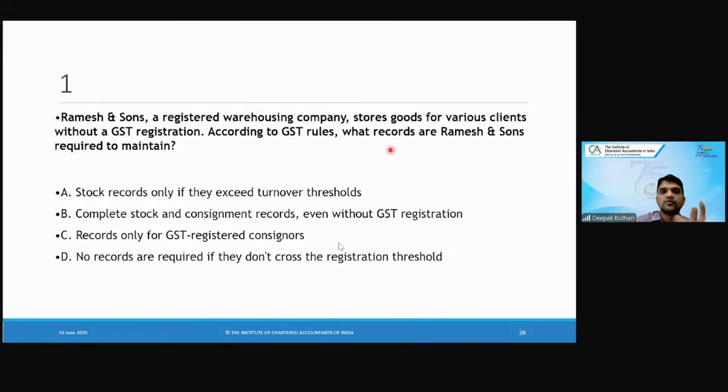So the minimum period which you have to maintain is 72 months from the due date of the annual return. Right. The correct option here is B.